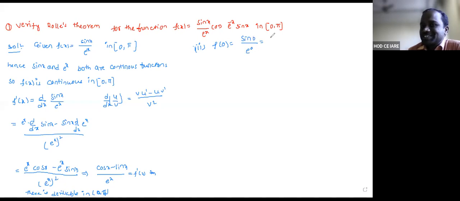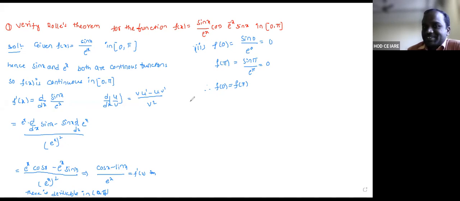Sine 0 is 0, and 0 by 1 is 0. Next, f of pi is sine pi by e power of pi. You know that sine 180 is 0, and 0 by something is 0. Therefore, f of 0 is equal to f of pi.